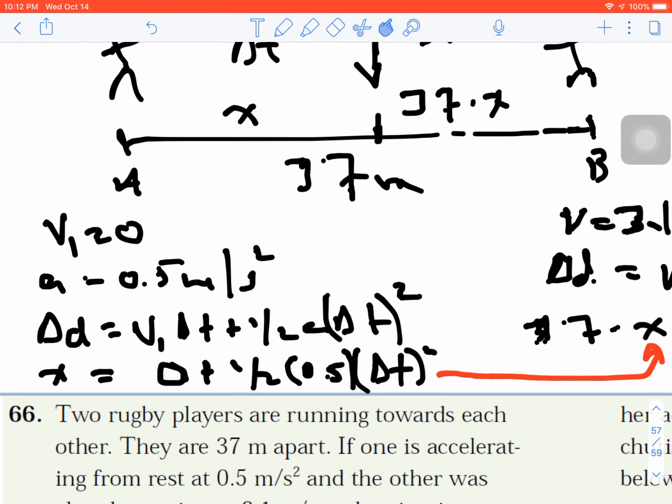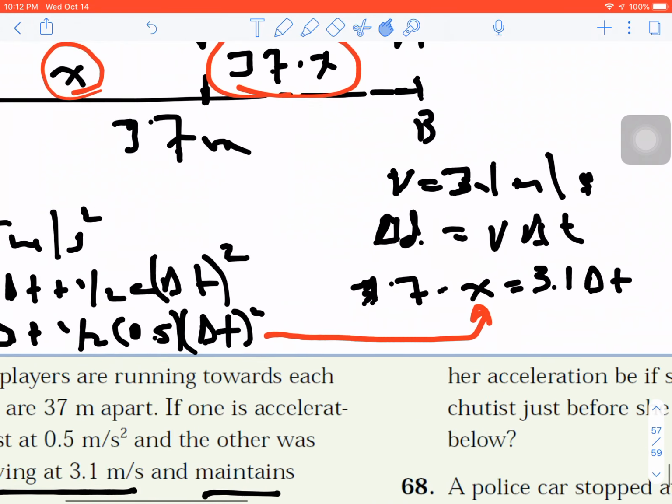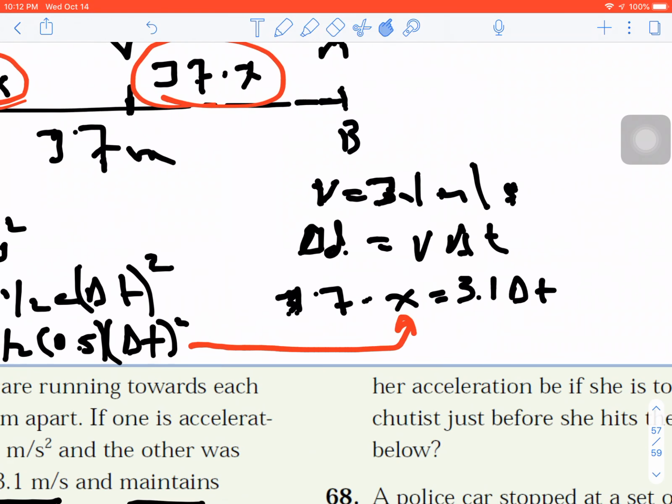Once I know what x is, I can solve for the distance for A, and I can solve for the distance for B. And again, once I know what delta t is, the time before they collide, I can substitute it right into this equation here.